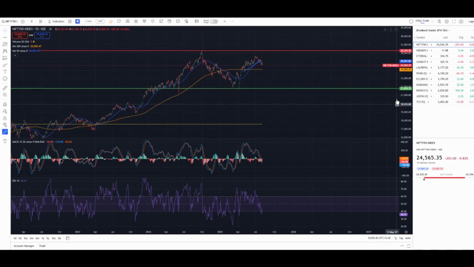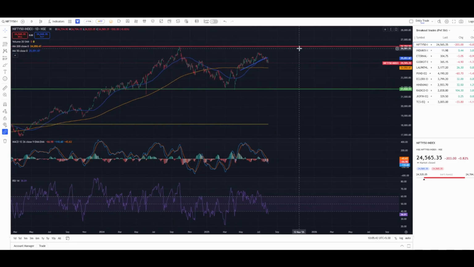Okay, so this is what is happening in Nifty currently. So Nifty is entering into what we call a distribution phase. Distribution phase is something where the market makers' selling increases because they probably entered somewhere here and then it went up, they made their money, and now they want to sell those stocks so that the market price again falls to a certain level where they can again accumulate stocks, and that is called the accumulation phase.